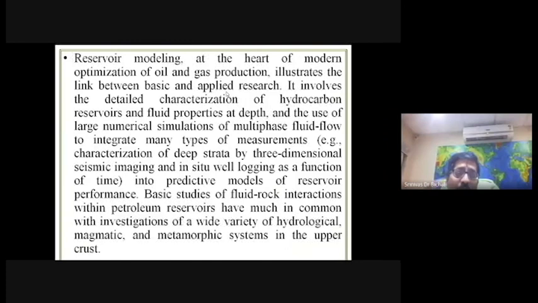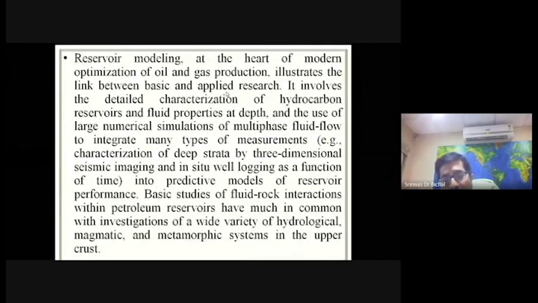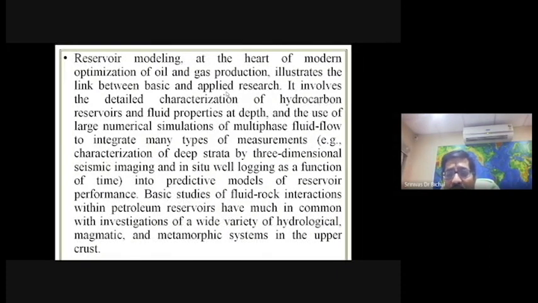Nowadays, if you want to explore more for oil, what's happening in the Krishna Godavari basin is that they are doing some reservoir modeling. How do they do it? This reservoir modeling needs lots of inputs. What are those inputs? First, you have to know what rocks are there.